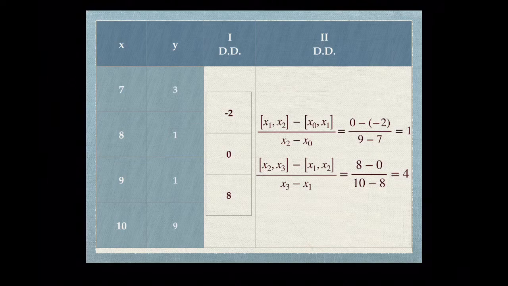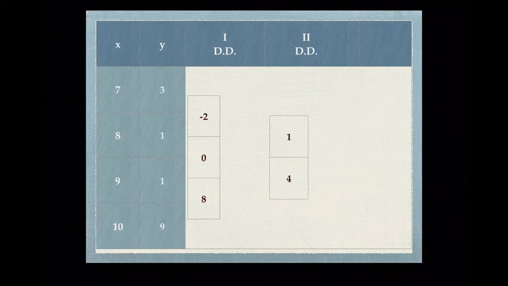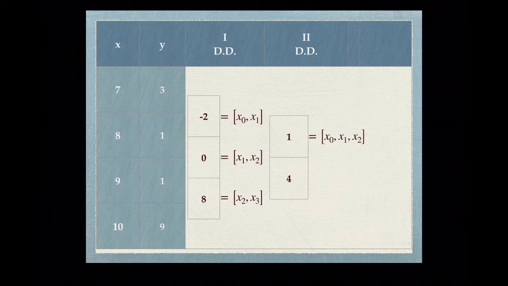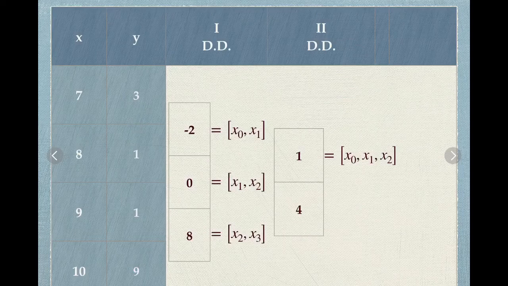Now I think making a comparison with the formulation, you will get better clarity. So minus 2, 0, 8. As you know, it is represented as x naught comma x1, x1 comma x2, x2 comma x3. Now, one observation which everyone has to make here is this one value is got by the difference between 0 and minus 2.